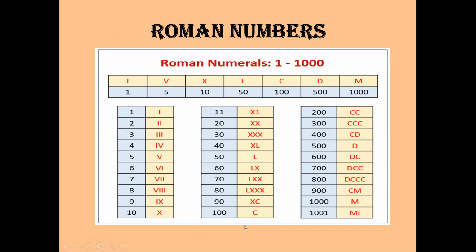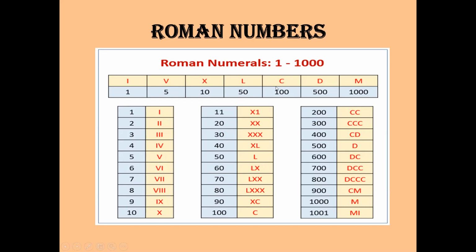Today, I want to give you an idea about these Roman numbers. As you know, we have 1, which is I, and 5, which is V. If you want to write 5, you can write V. 10, if you want to write 10, it is X. L is 50, so you should learn this by heart.